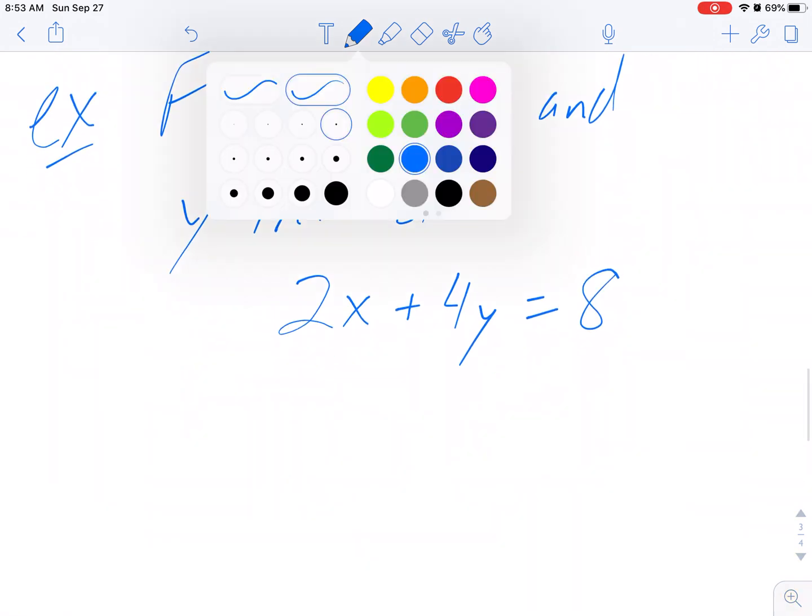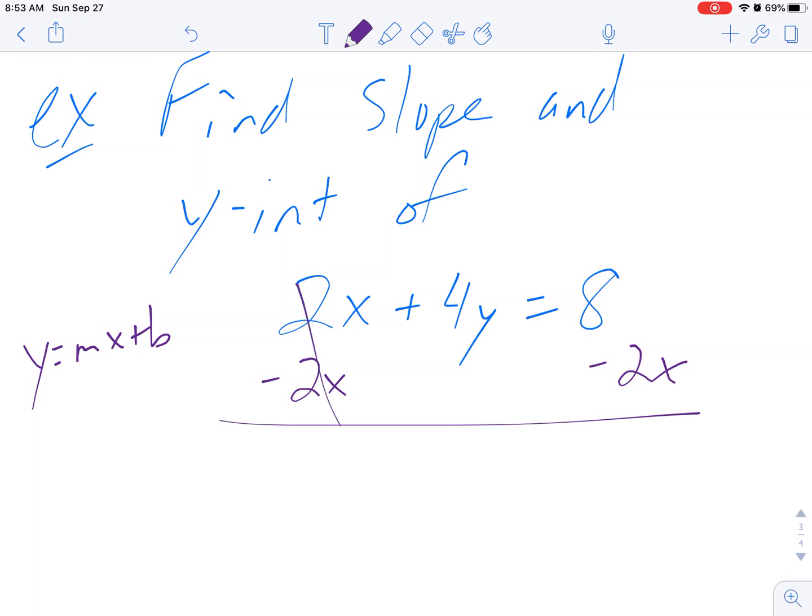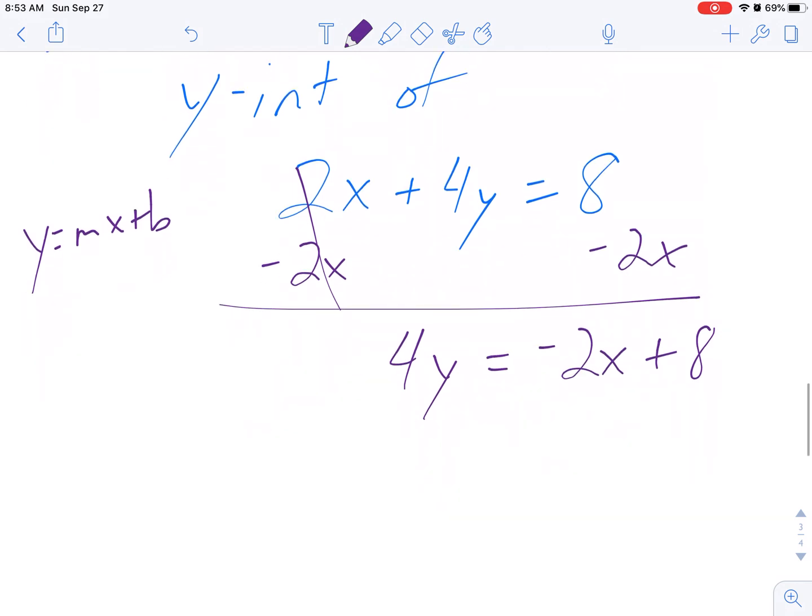So in this section, if you've read the textbook, they do give you this equation, y equals mx plus b, which many of you probably already know. So if we can get these equations into y equals form, then we can write the answers very quickly.